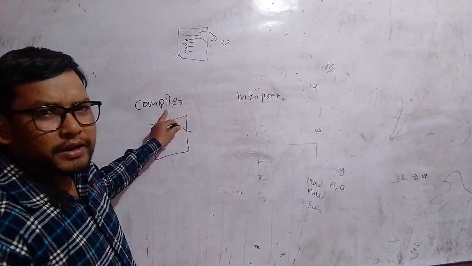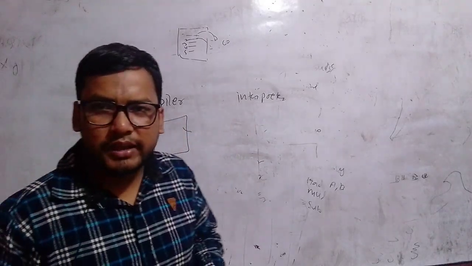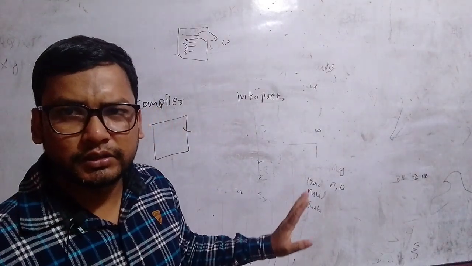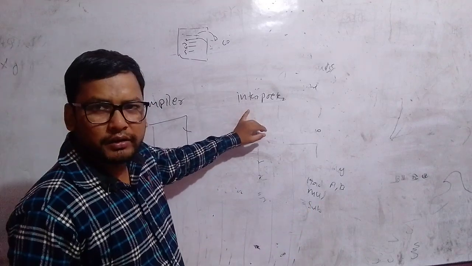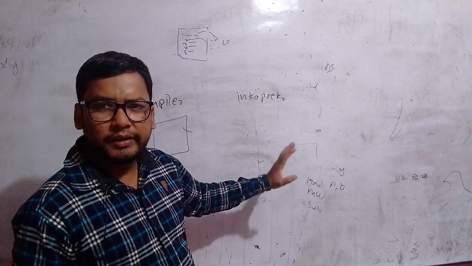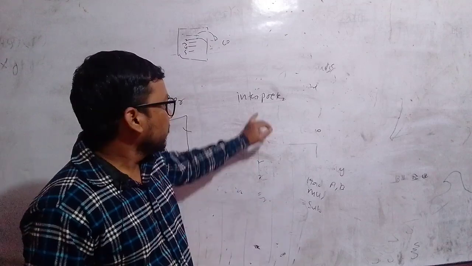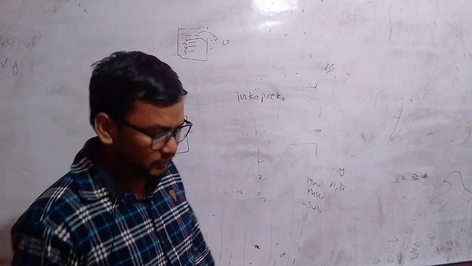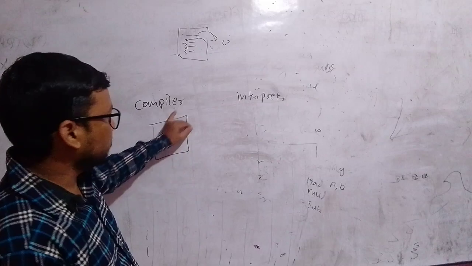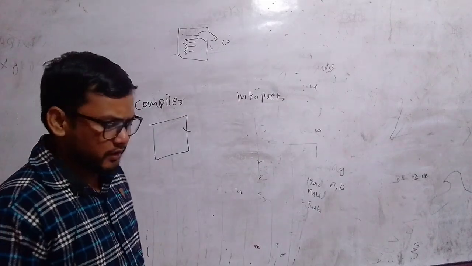The compiler takes the whole program at once and gives all errors at once. The interpreter scans each line of code, and if there is an error, it gives errors one by one. These are the differences between the compiler and interpreter.